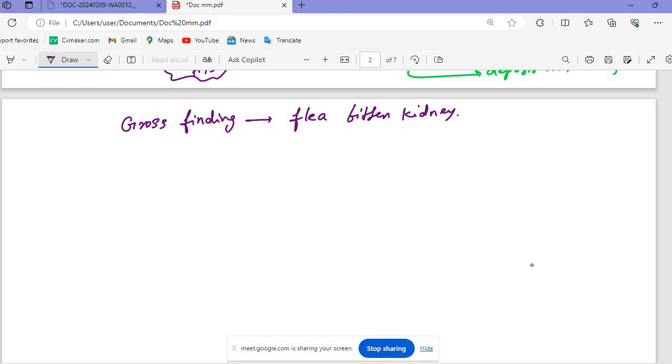I am writing all these things here so that I can share the images after the class. So in the kidney there will be pinpoint hemorrhage, that means pinpoint bleeding in case of the flea-bitten kidney.